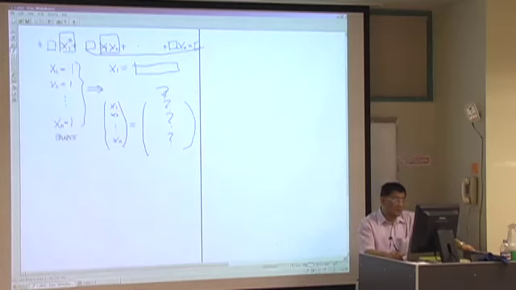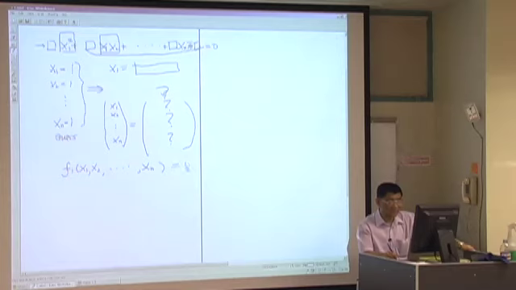We call this kind of equality f1 of x1, x2, xn, and then even the right hand side can be removed to create 0 on the right hand side. So we can create this kind of equation, not necessarily linear, and the second equation can be written the same way. And so on.